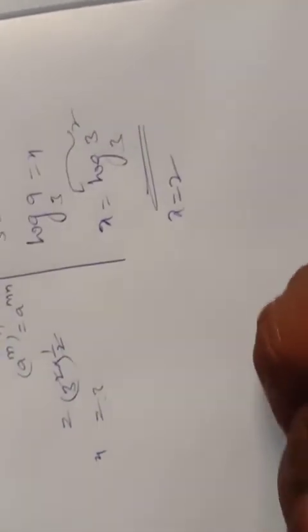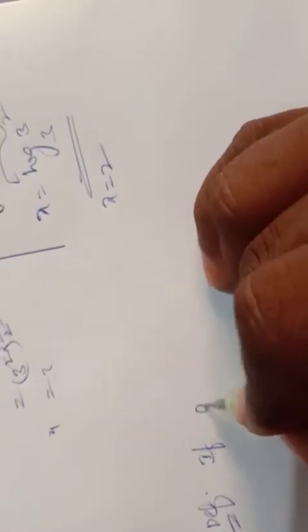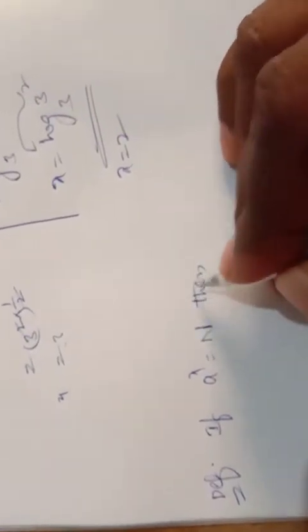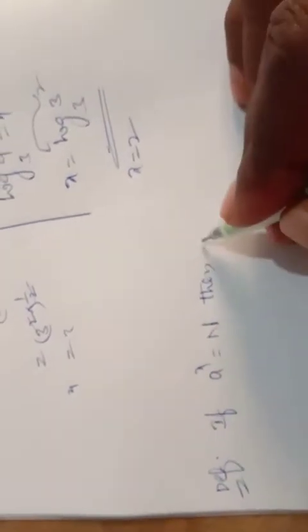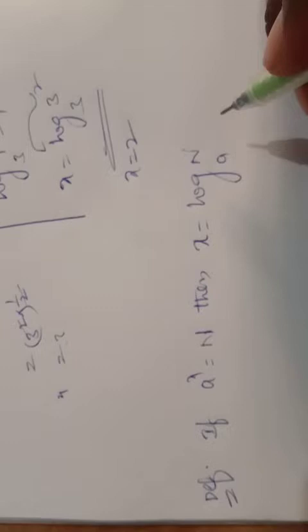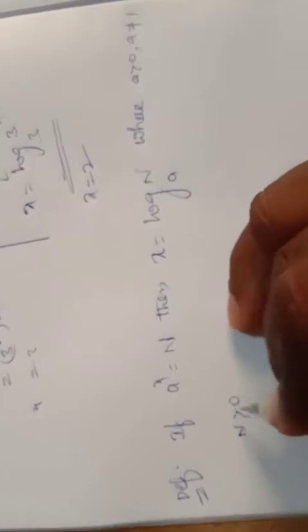The definition of logarithms is, if a power x equal to n, then x equal to log n base a, where a greater than 0, a not equal to 1, n greater than 0, and a, n belongs to R.